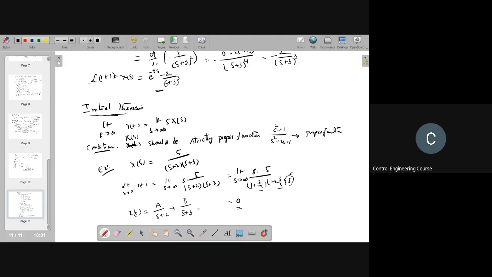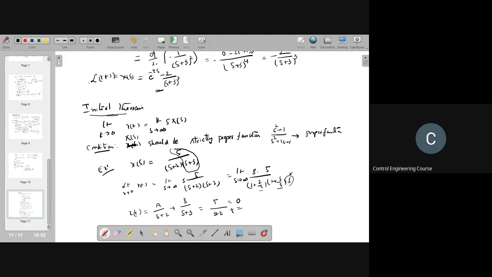Can you tell what are a and b by comparing the coefficients? Put s equal to minus 2 in this expression, then you will get 5 by 1, that is 5.